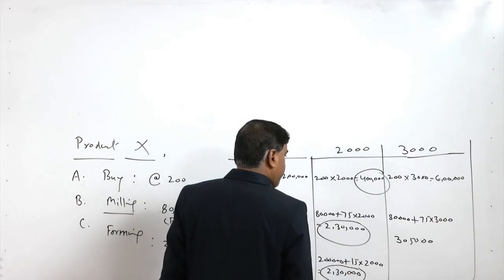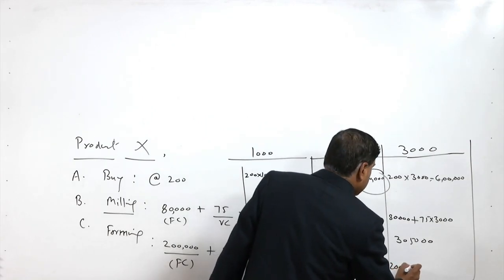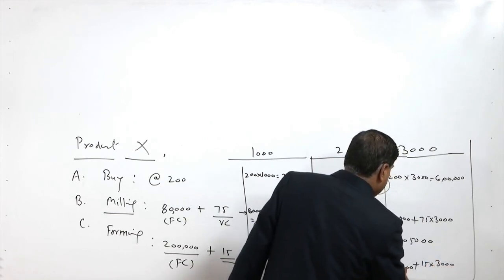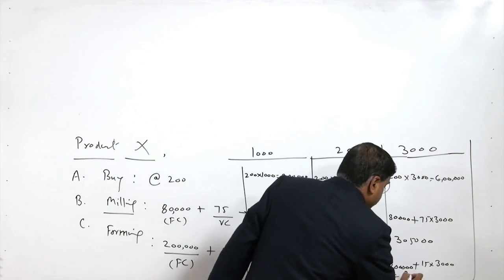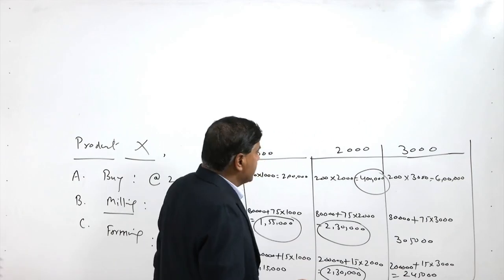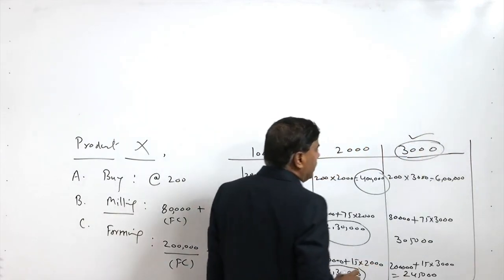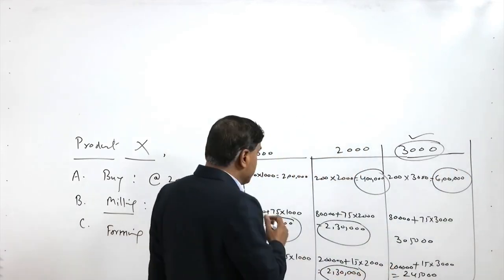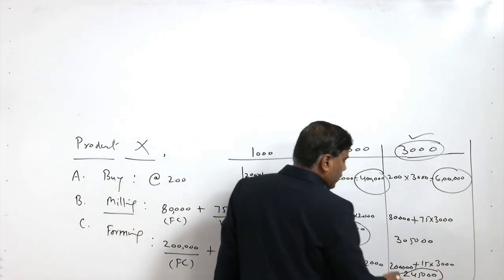For the third option, it is 2 lakhs plus 15 into 3000, so the total price in this case is 2 lakhs 45,000. So, in this third scenario, when we have to make 3000 units, the costliest option is buying, and the cheapest option is forming.